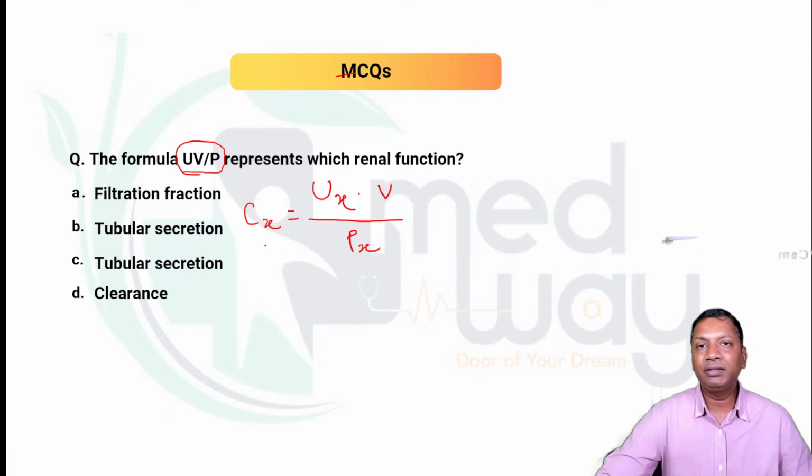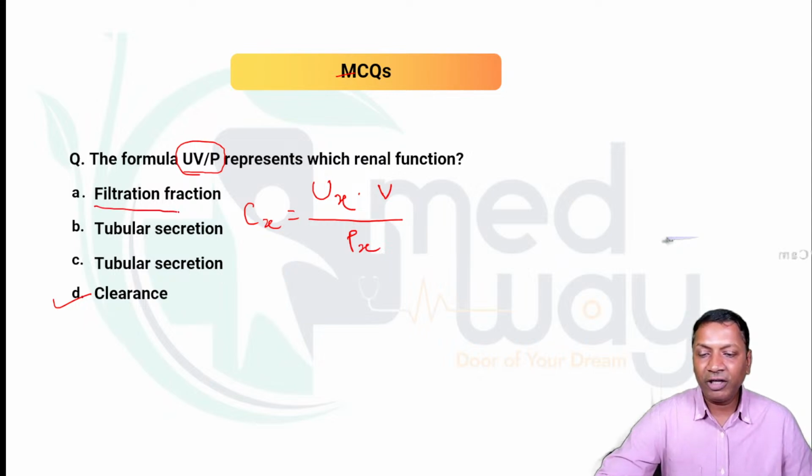C means the clearance of any substance, and X is the substance, any substance X. So the answer here is D, that is the clearance.